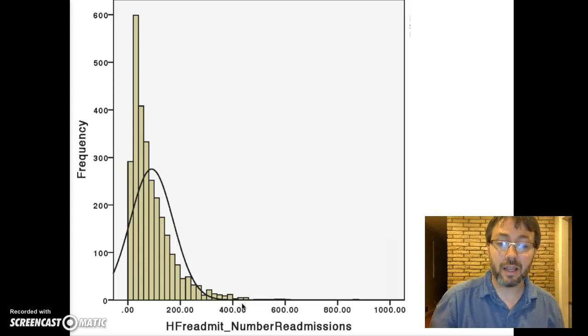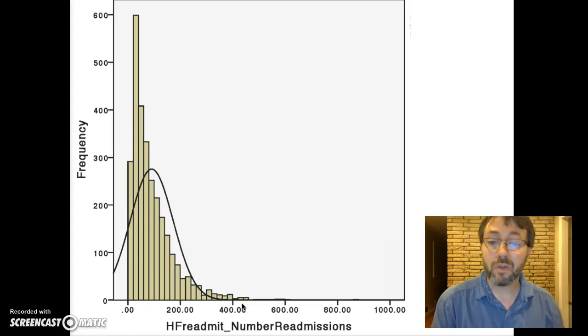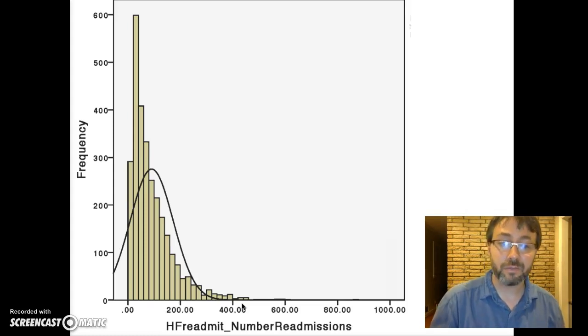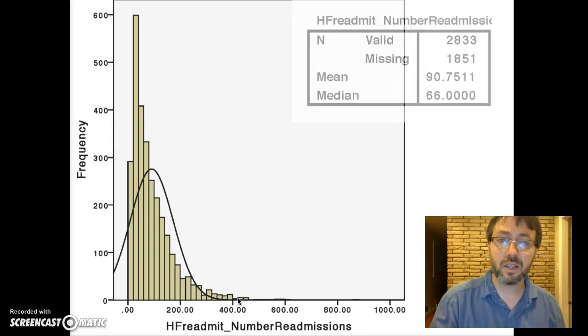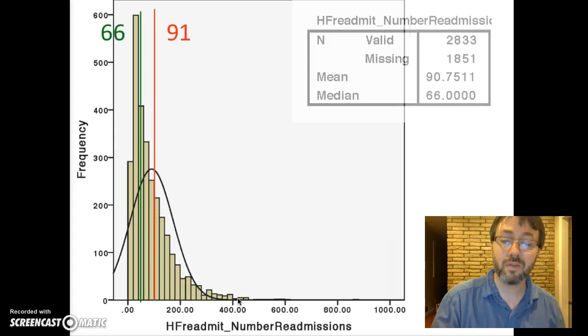So let's look at that here with the number of readmissions for heart failure. Here you can see that the majority of the observations occur on the left-hand side of the x-axis, and this tail dangles off to the right. So that's what's called a right skewed distribution. When we run the statistics, you can see that the mean value is approximately 91 and the median value is 66.